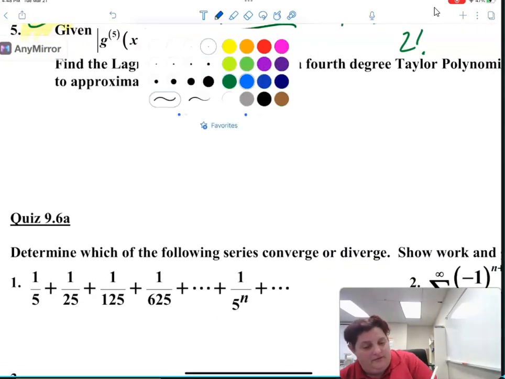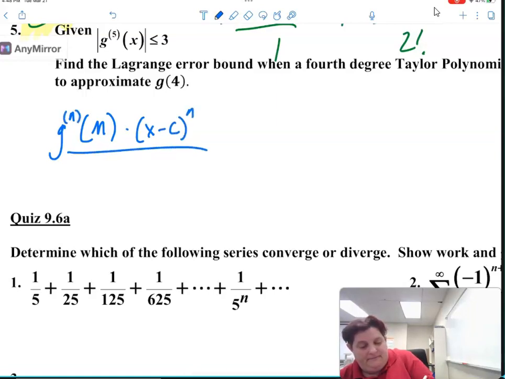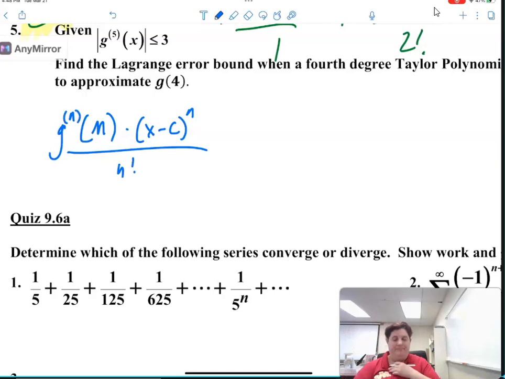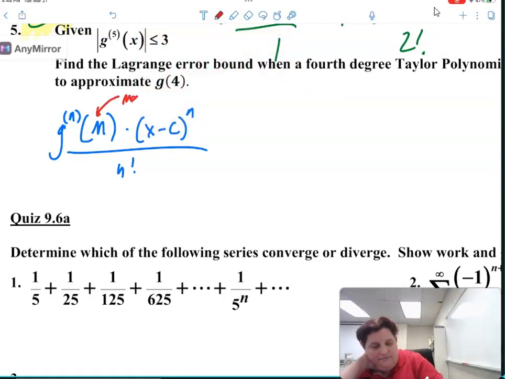What you want to remember about the Lagrange one is, I'll use g, it's g to the n, the nth derivative of the max, and then it's x minus the center to the n over n factorial. The only thing that's different is we're using the maximum. M is the maximum on this interval, x to c.